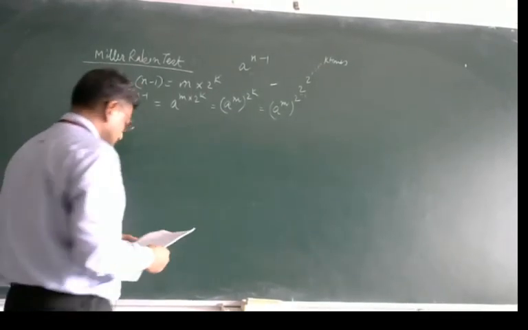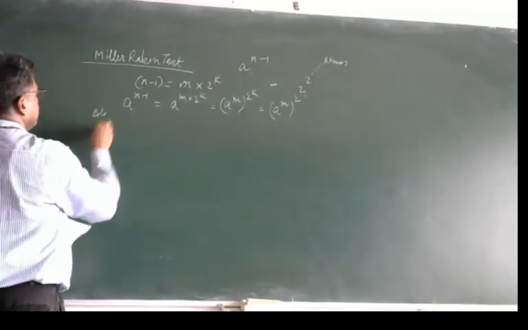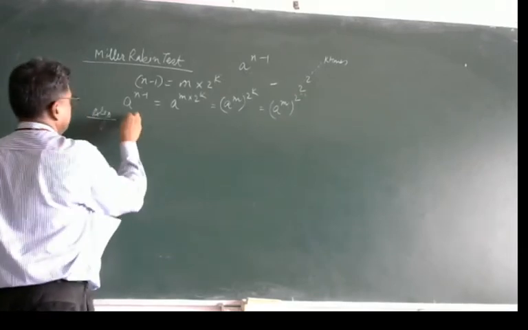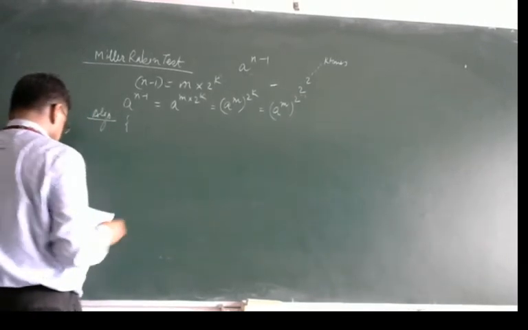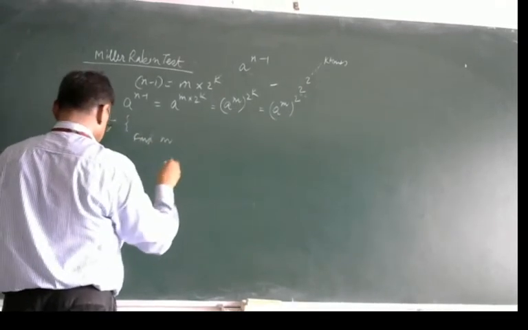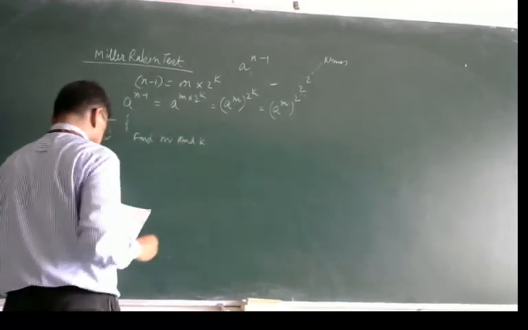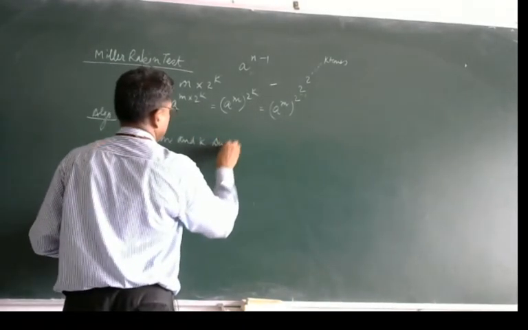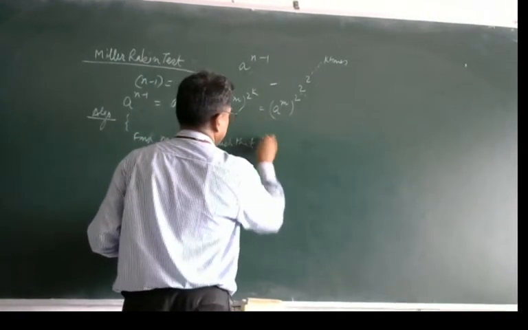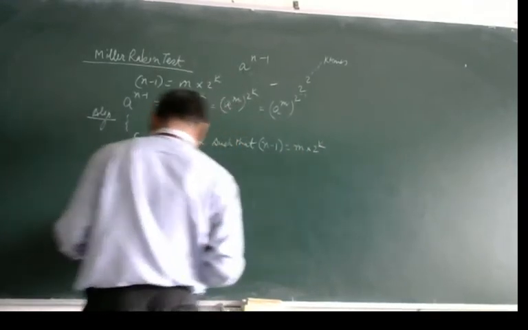And what is the algorithm behind that? Let us go for the algorithm. The Miller-Rabin test algorithm is like this: find m and k such that n minus 1 is equal to m into 2 to the power k.